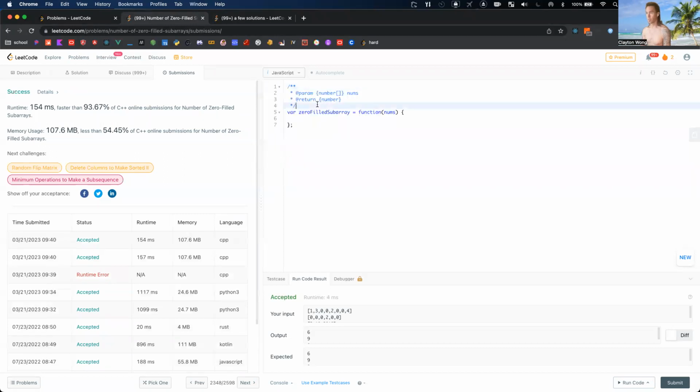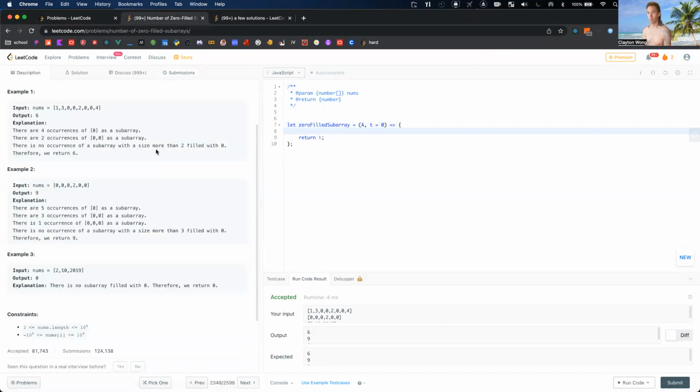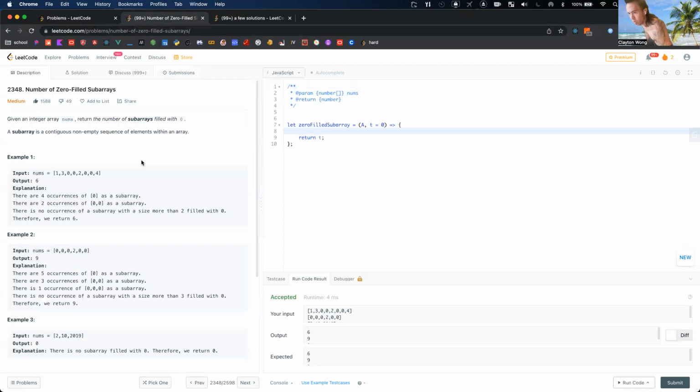Let's do JavaScript. t is our total. We'll return it here at the end. Initialize to 0. While i is less than n, let j equal i.